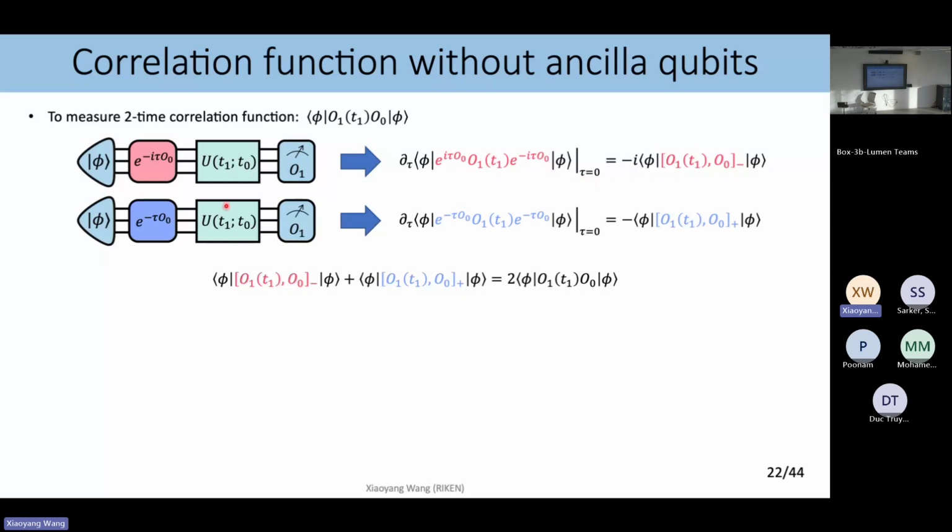And similarly, by performing this imaginary time evolution, its derivative gives rise to the anti-commutator. And if we add this anti-commutator and the commutator, it will give rise to the two-time correlation function.